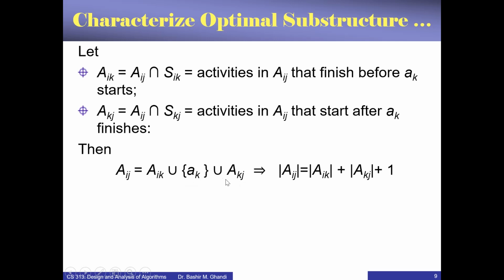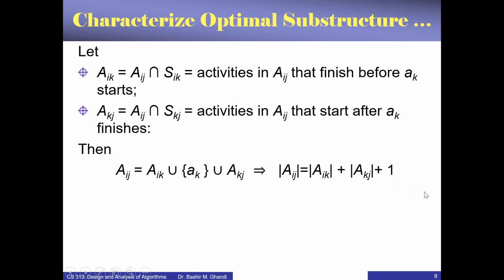And that means if Aij is equal to this union, the number of elements in Aij must be equal to the number of elements in Aik plus the number of elements in Akj, plus of course Ak itself, so plus 1.